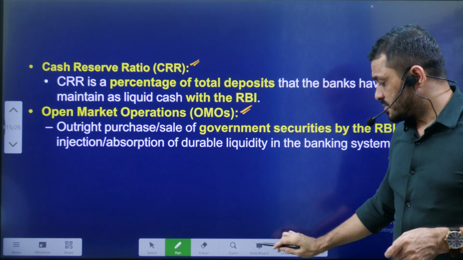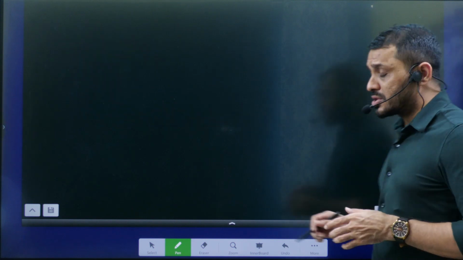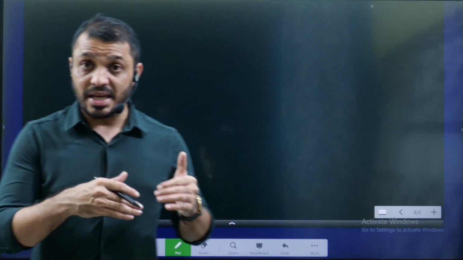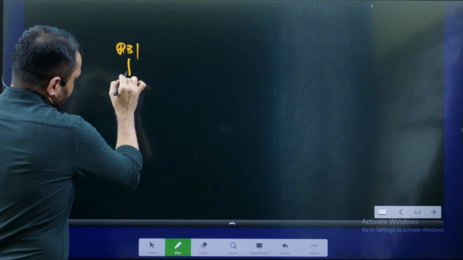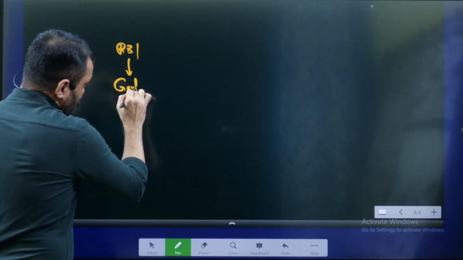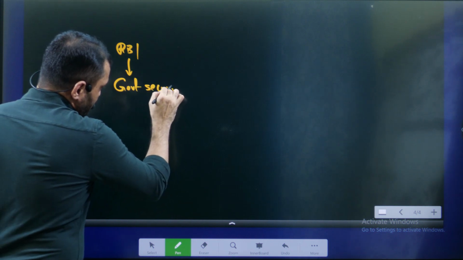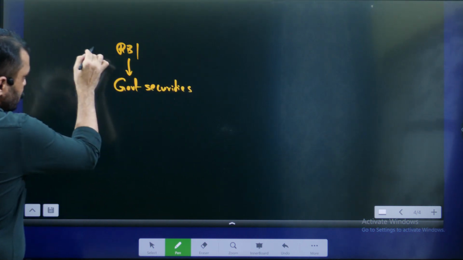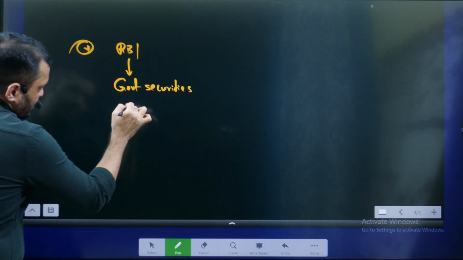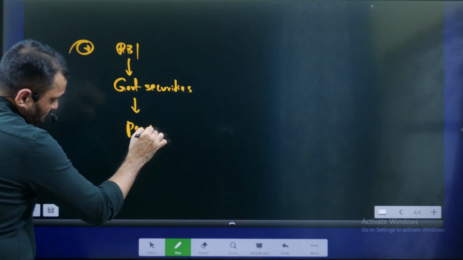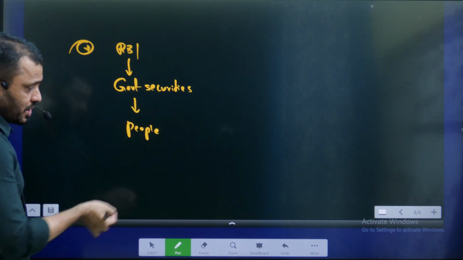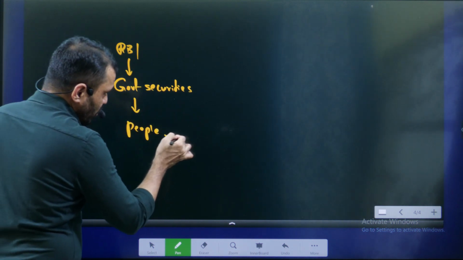Open market operation. Open market operation is about banks, RBI as well as government securities. For example, RBI is selling government securities, government bonds. These government bonds will be purchased by people. When people purchase the government securities, that means money will go to where?